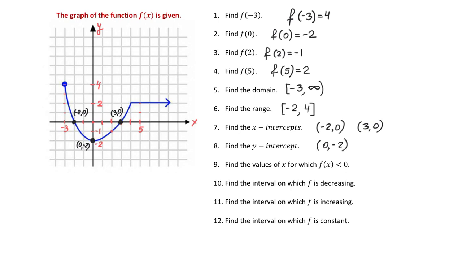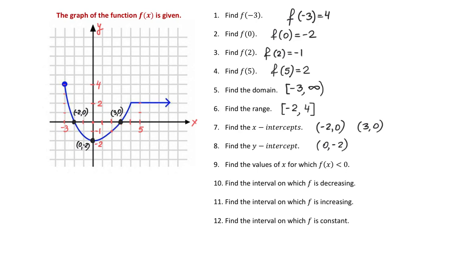On question 9, we have to find the values of x for which f of x is less than 0. A function is less than 0 when a portion of a graph is below the x-axis. So, in this graph, we see that this portion is below x-axis. So the question is, for what values of x this graph is below x-axis? And we see that the values of x are the numbers between -2 and +3.